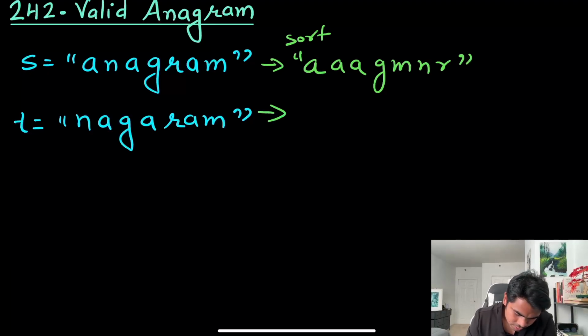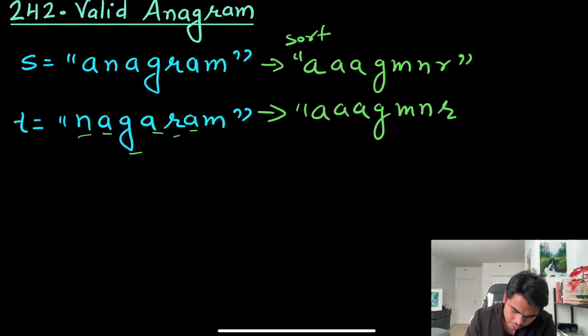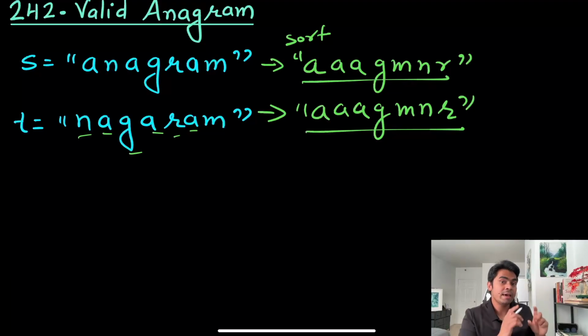And how about t? Same way. All these a's will come in the beginning, then g, and then m, n, and finally r. Now, if you see both of these, if they are anagrams, which they are in this case, they would be equal, both of them.